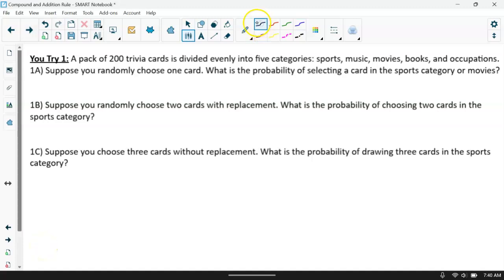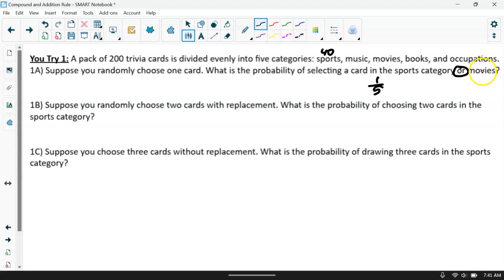And here we go. So we're choosing one card. What is the probability of getting the sports category or movies? So what's the probability of getting a sports category? Well, remember, right? Each of these are divided evenly, which means there are 40 cards in each deck. Now, I could say 40 out of 200, but if they're split up evenly amongst the 5 categories, then that automatically would simplify to 1 out of 5.